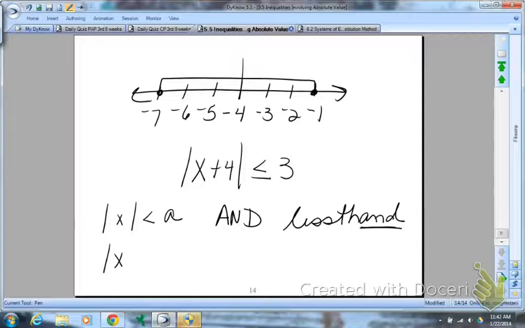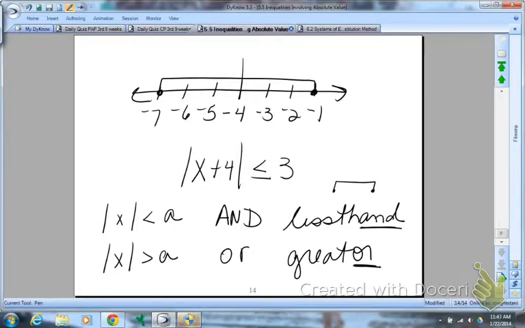What if you had absolute value is greater than a number? That's an or, and one way you can remember that is spell it, say it's great or. Instead of greater, great or. So what goes with or? Great or. What goes with and? Less than. That's how you can remember. And a less than, the graph comes in together like this, and a greater, the graphs go in opposite direction. And that is the end of section 5.5.